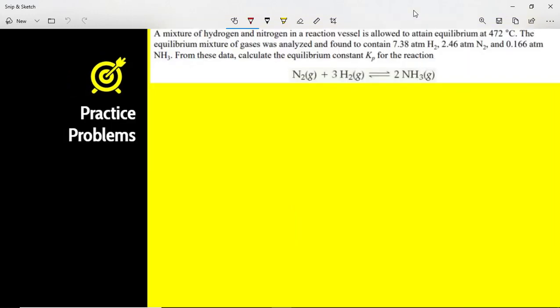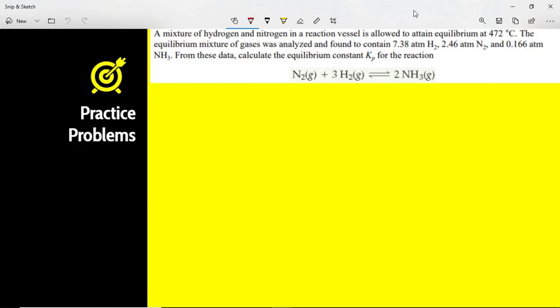A mixture of hydrogen and nitrogen in a reaction vessel is allowed to attain equilibrium at 472 degrees Celsius. The equilibrium mixture of gases was analyzed and found to contain 7.38 atm of hydrogen, 2.46 atmospheres of nitrogen, and 0.166 atm of NH3. For these data, calculate the equilibrium constant for the reaction. So our first step here is to actually write out the equilibrium expression.